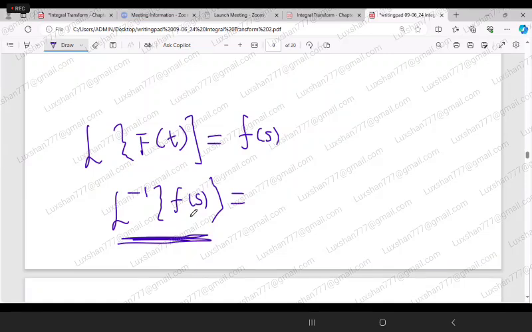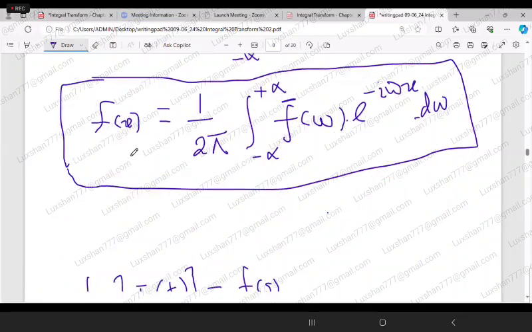Yes, that is nothing but f(t). So f(t) is actually the inverse Laplace transform of this one.